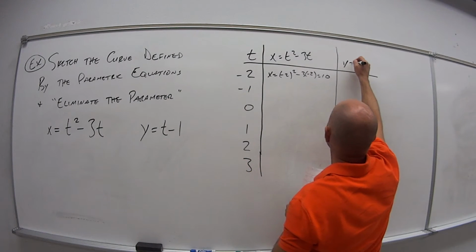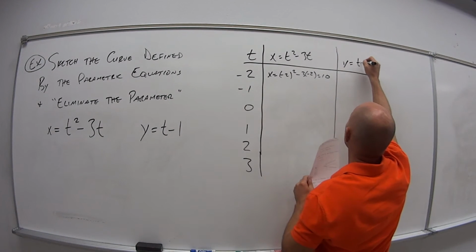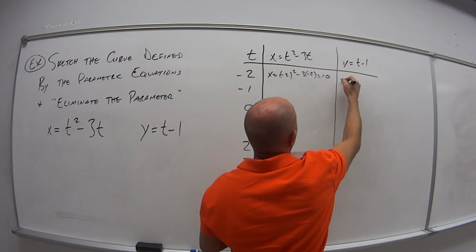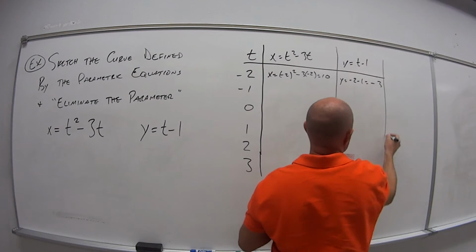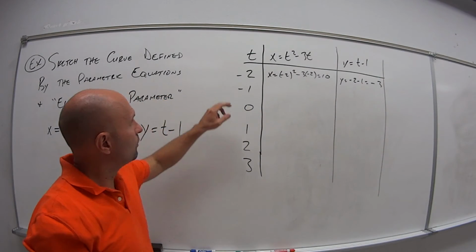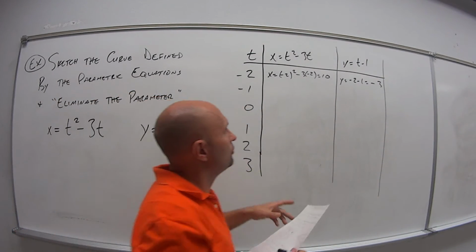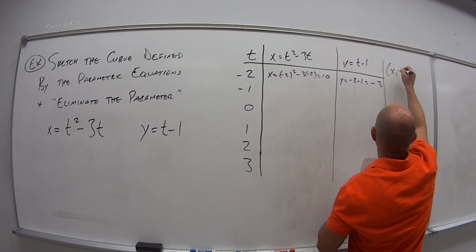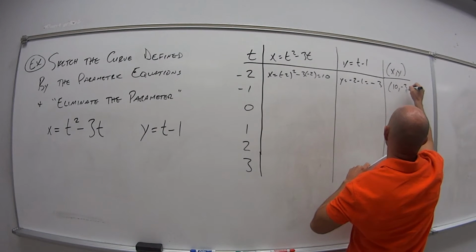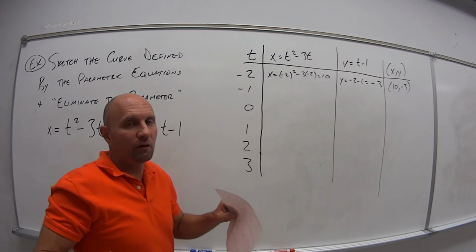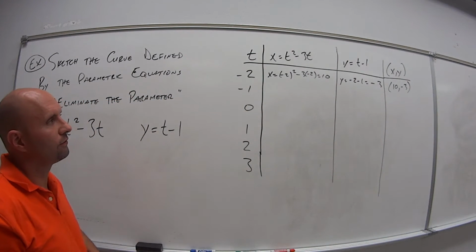Y, when t is -2, so y is t minus 1, so y is -2 minus 1, which is -3. So that means that when t is -2, my xy coordinate is 10, -3. That's a point I can graph on my rectangular coordinate system.